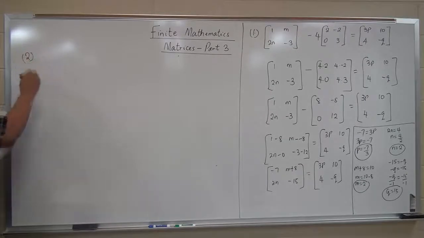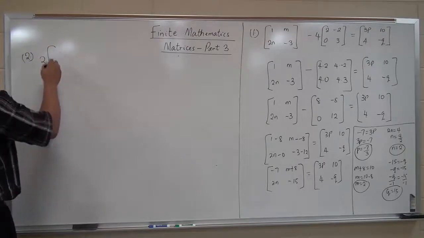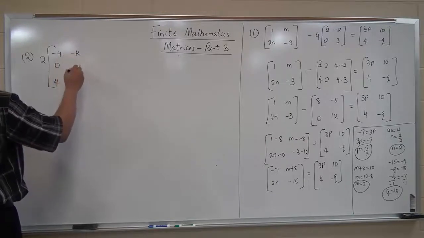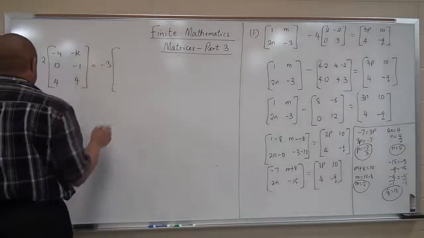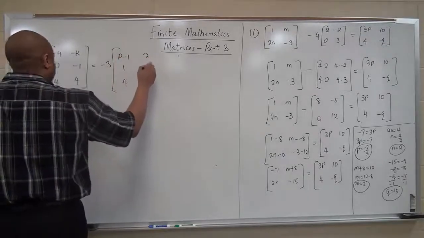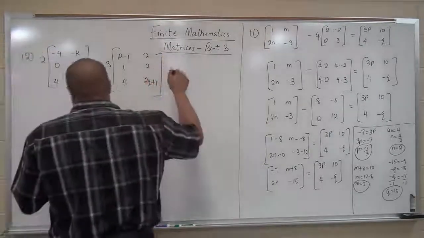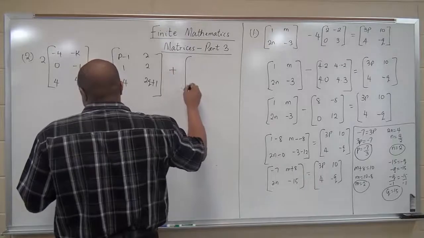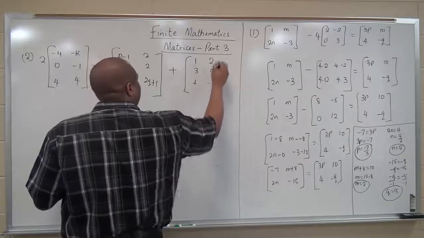Question 2. We have 2 times the matrix negative 4, 0, 4, negative k, negative 1, 4, equal to negative 3 times the matrix p minus 1, 1, 4, 2, 2, 2q plus 1, plus the matrix 1, 3, t, 2, 4, negative 1.